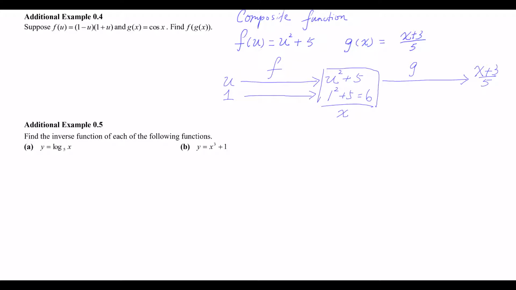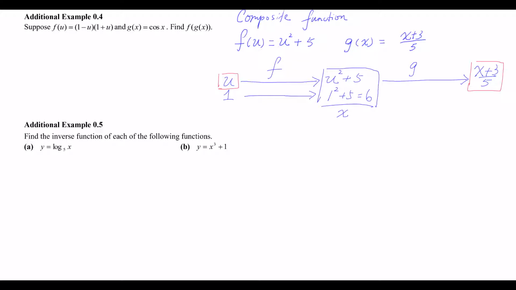Now, if you focus on these two, think carefully. Is there any relation between u and this result, x plus 3 over 5? We can start from the beginning. We start from u, and after function f I get the result u squared plus 5, and then I put this result into g, and I get another result.